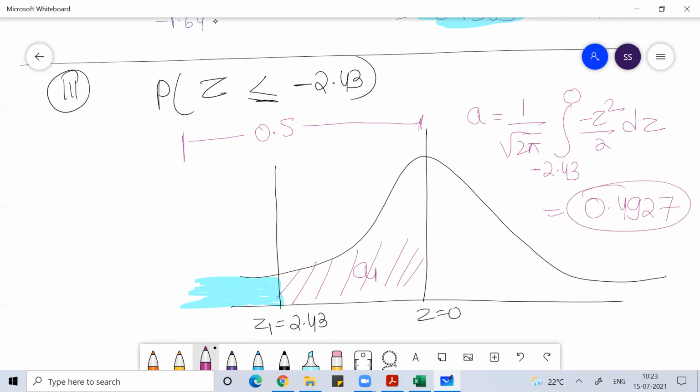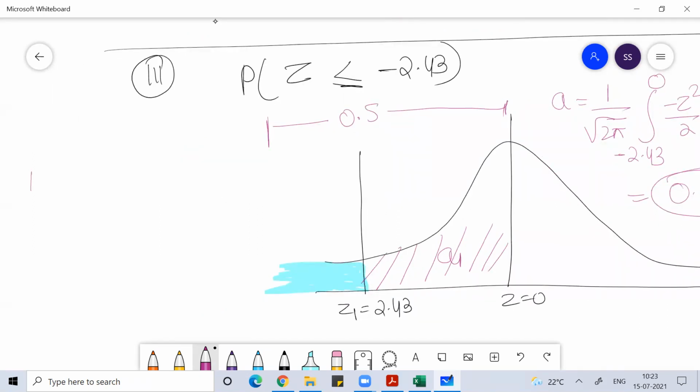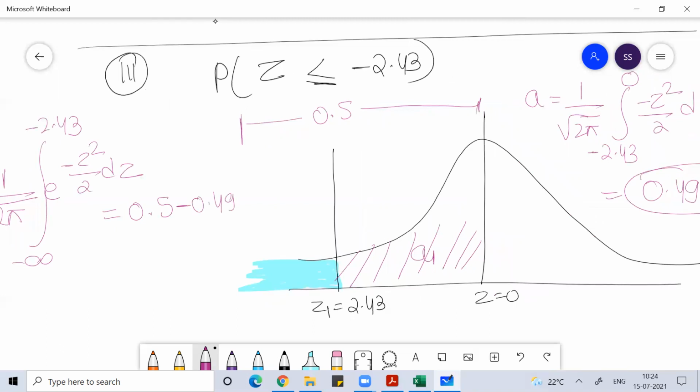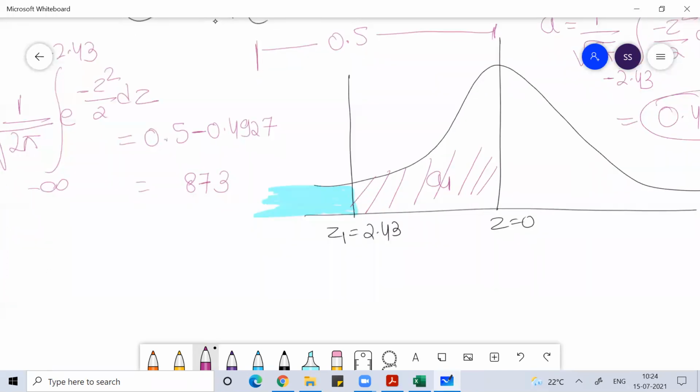So the required area, 1 by root 2 pi e to the power minus z square by 2 dz from minus infinity to minus 2.43, is nothing but 0.5 minus 0.4927. That is 0.0073, approximately 0.007.